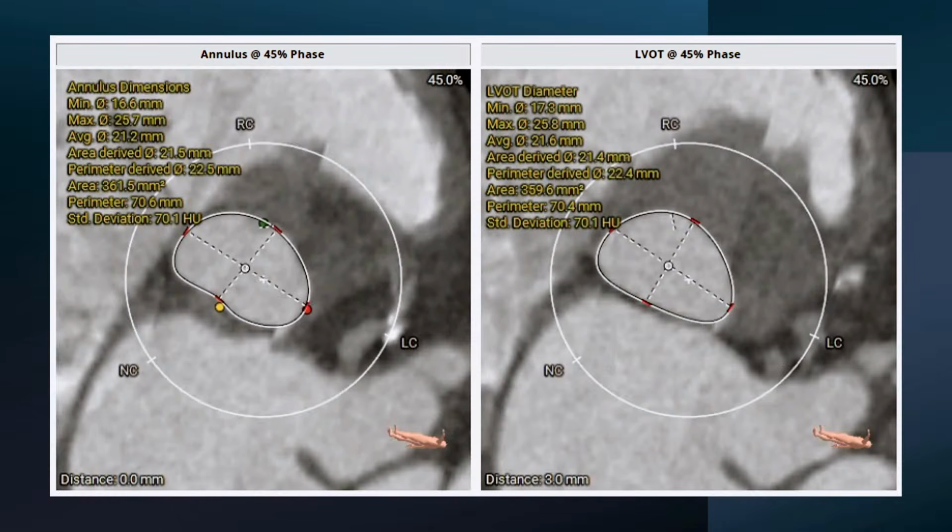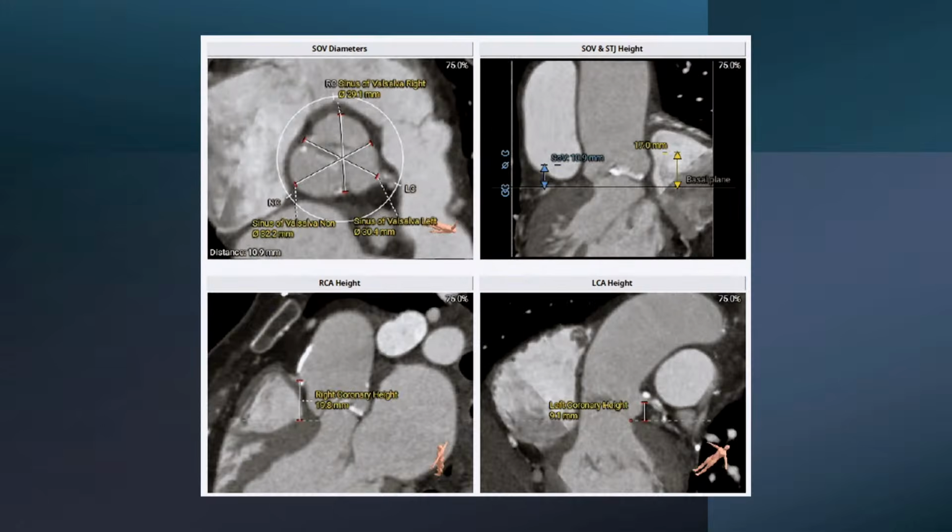This is the annulus phase where they have seen the annulus in the 45% phase, and this is the accurate measurement of the aortic annulus, which comes out to be 21.5 millimeters. Hence we think that we should go ahead with the valve which is 21.5.